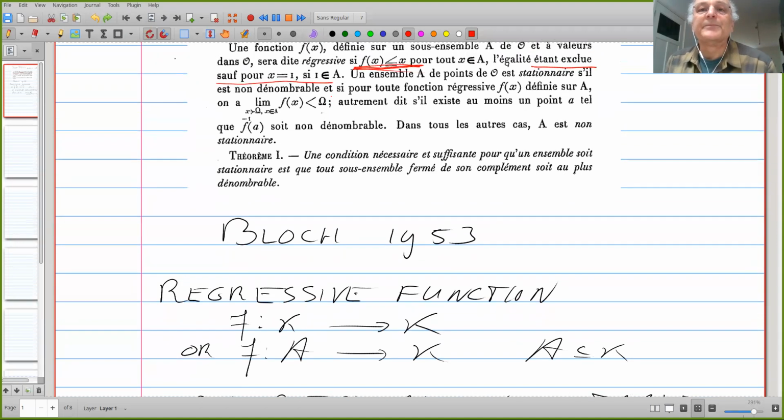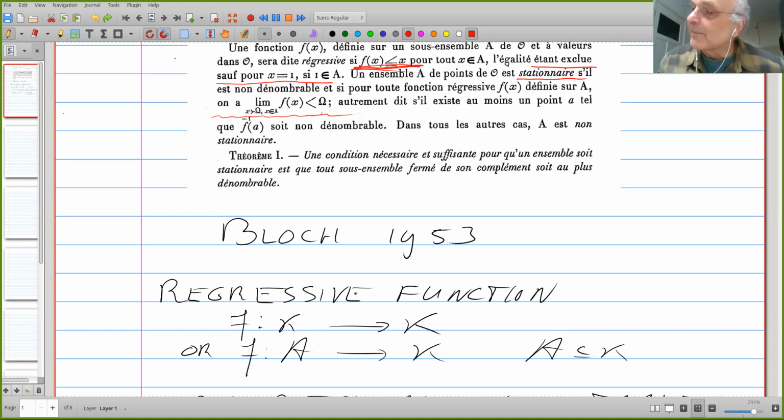And then there is the definition of stationary. I'm not going to use this definition, so I'm not going to write it down right away. He says, well, a set is stationary if every regressive function has this rather strange expression, the limit as x goes to capital omega, x in A, is less than capital omega.